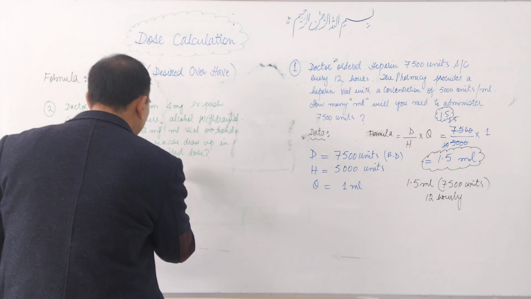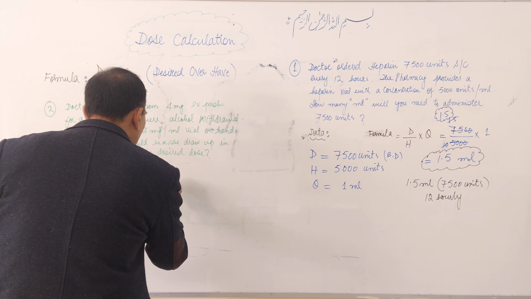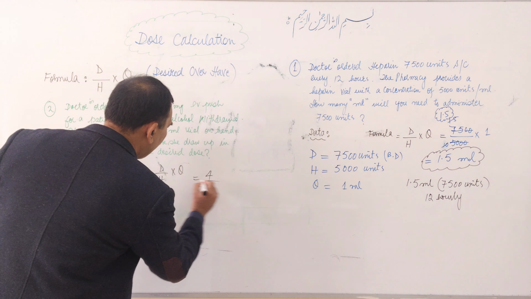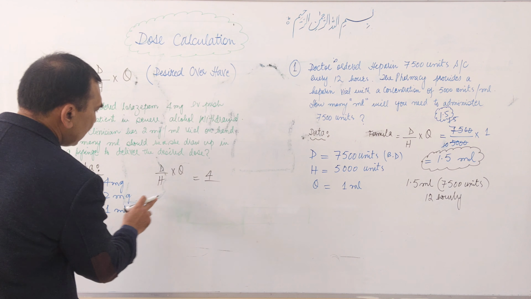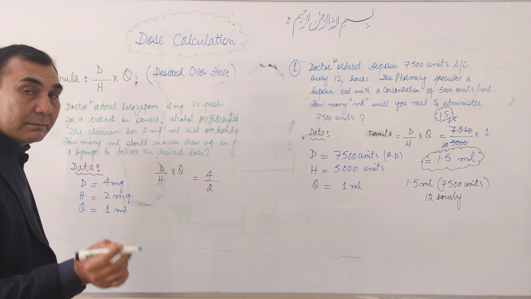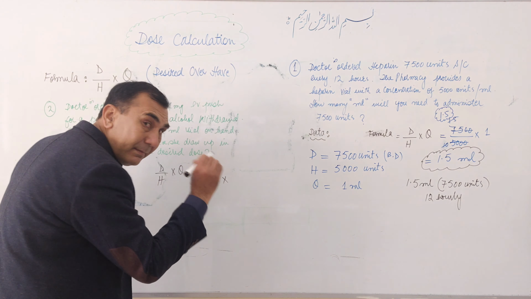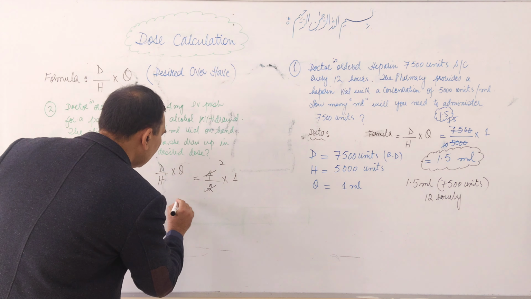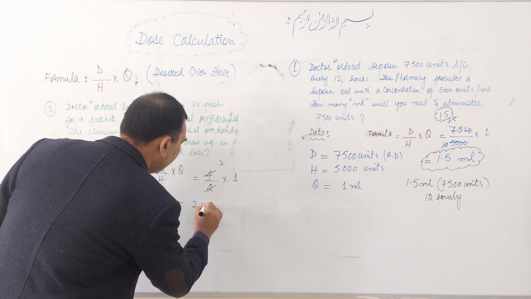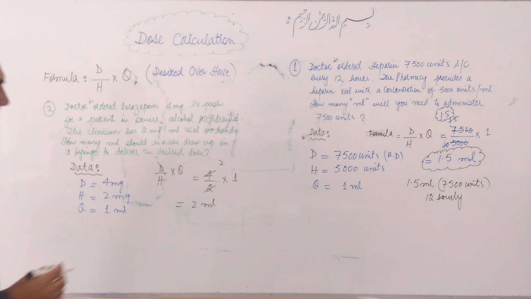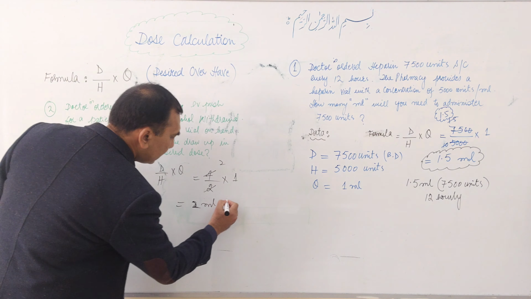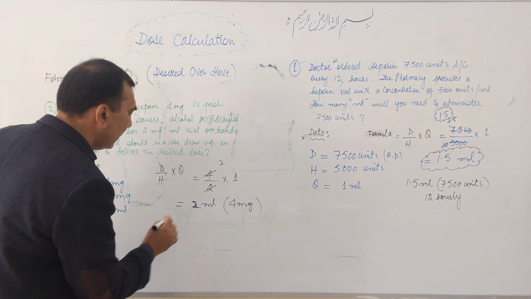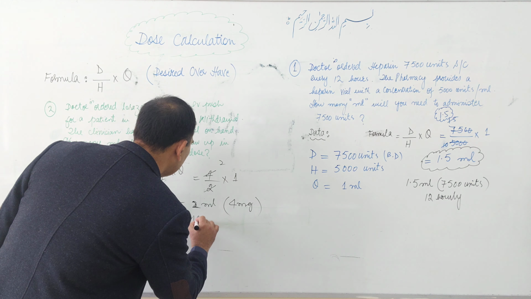Now we will solve it through the desire over have formula. D is 4, divided by the available drug, 2 milligrams per ml, multiplied by 1 ml. So the answer is 2 ml, which we will give as a single dose. 2 ml contains 4 milligrams of lorazepam.